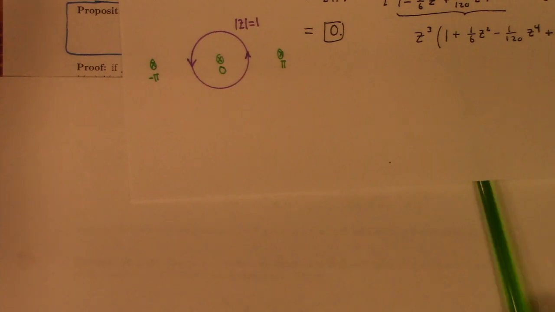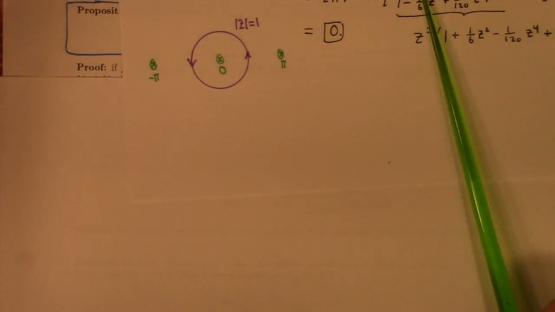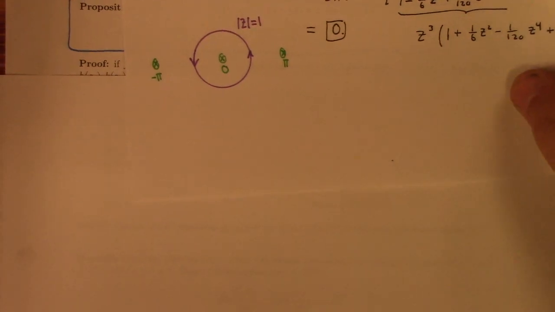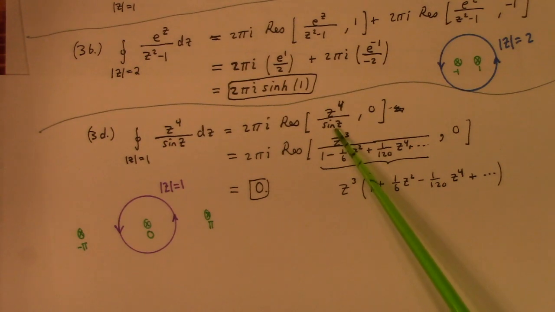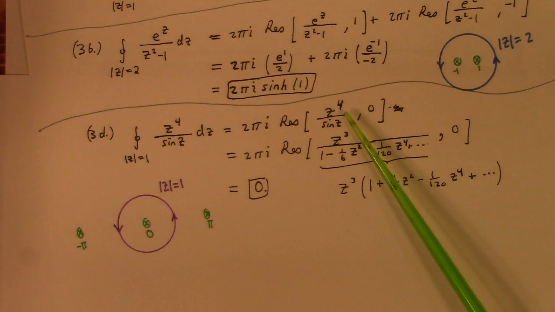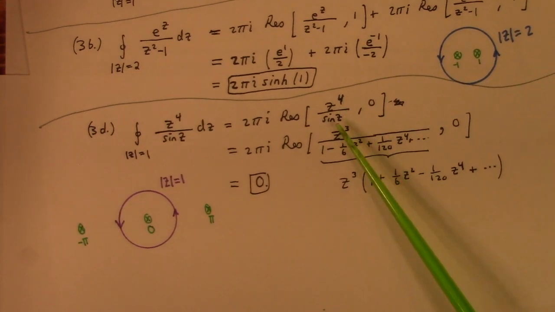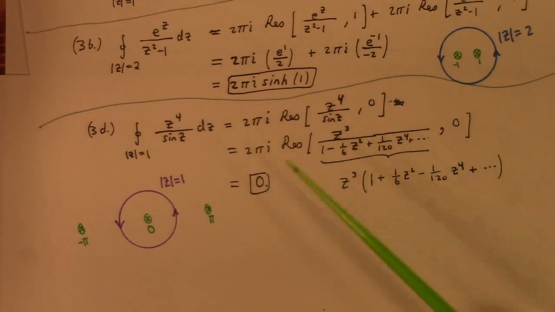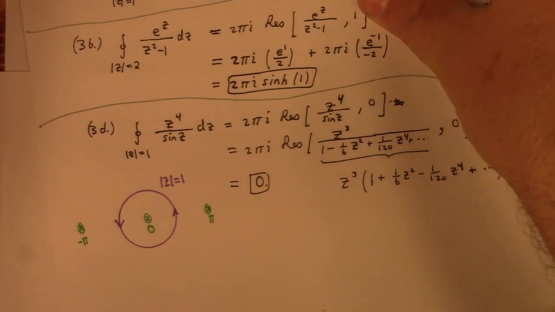So, look, rule 3: F of z equals z to the 4th, G of z is sine z. Sine z has a simple zero. So rule 3 says you do F of 0 divided by G prime of 0, which is 0 divided by 1, which is 0. So we can derive this by rule 3 if we just open our eyes.